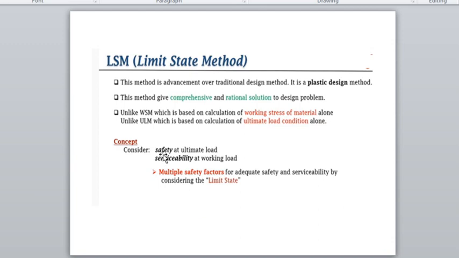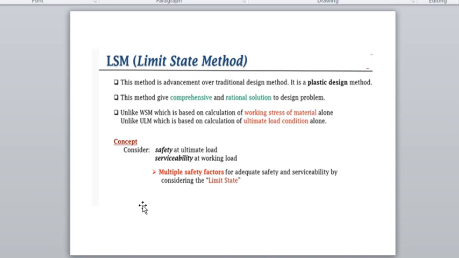In safety, we are taking the ultimate load. For the ultimate load, the safety is checked, and for serviceability, we are taking it up to the working load. What is the ultimate and the working load? In the case of concrete, if it is F20, the ultimate stress will be F20.